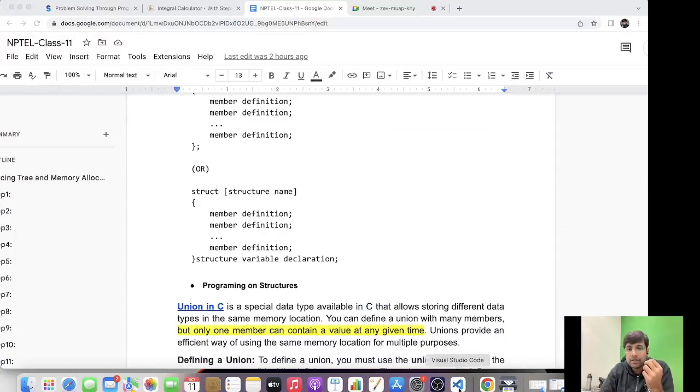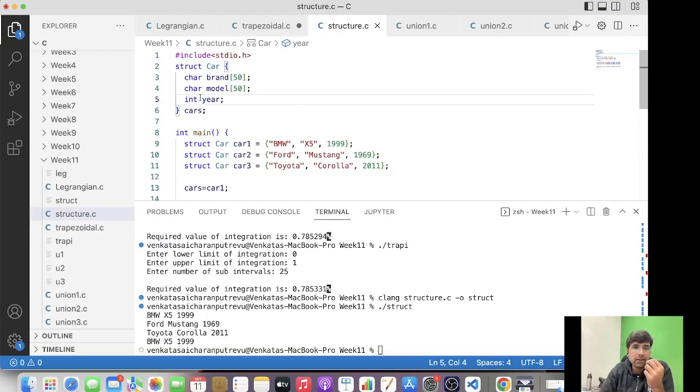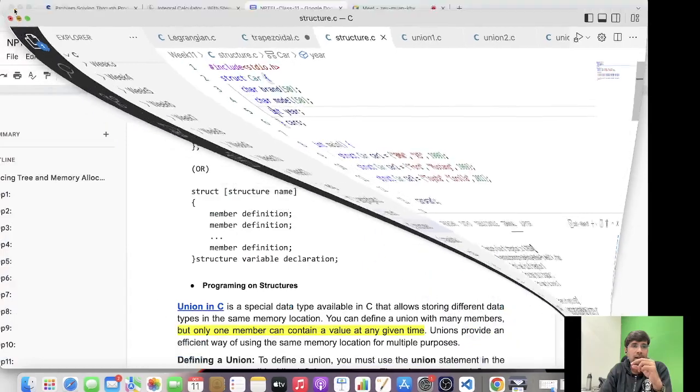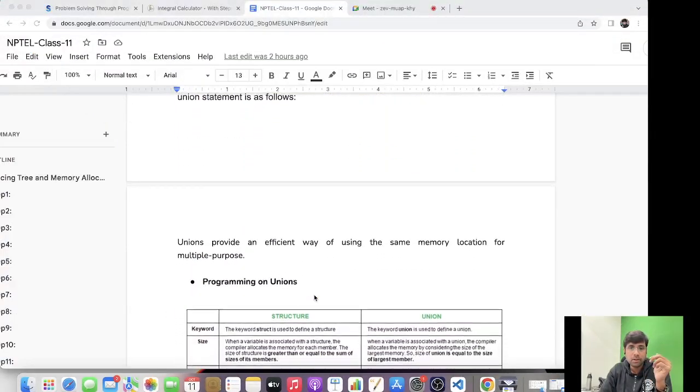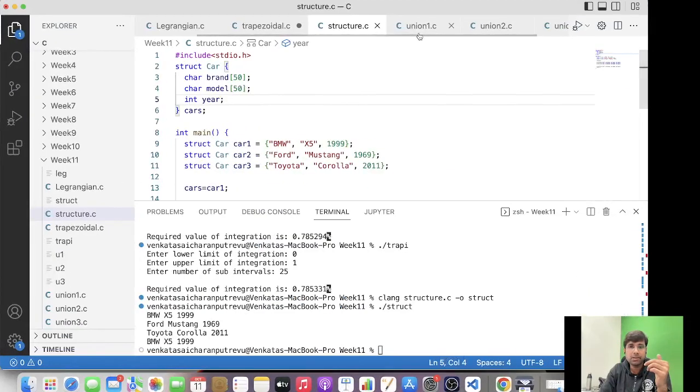Whatever is the maximum size among the member types, say char and float, float has the highest memory allocation, so it will assign only that much memory to the whole union, and you can access multiple values through the same memory location. I think it will be better if you see an example.